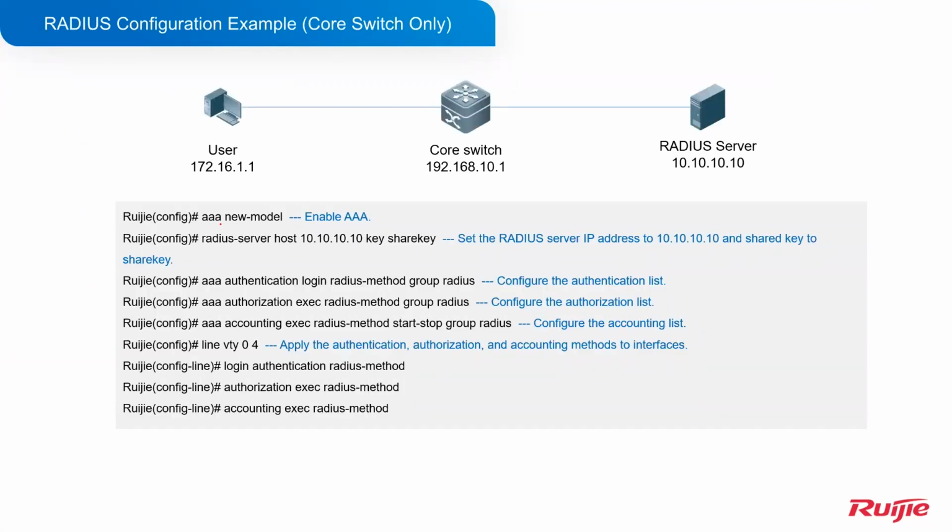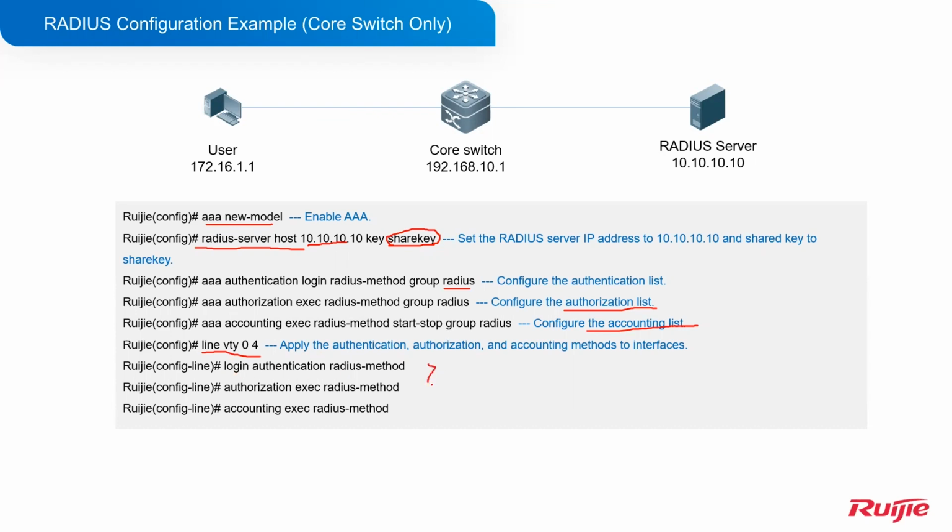Firstly, enable AAA, aaa new-model, and set the radius-server host. This is the IP address. This is the pre-shared key. And the key here should be the same as that on the RADIUS server. aaa authentication login with the RADIUS method is group radius. Configure the authentication list, and the next command is the authorization list and accounting list. Then line vty 0 4, we should apply the authentication, authorization, and accounting methods to the interface.